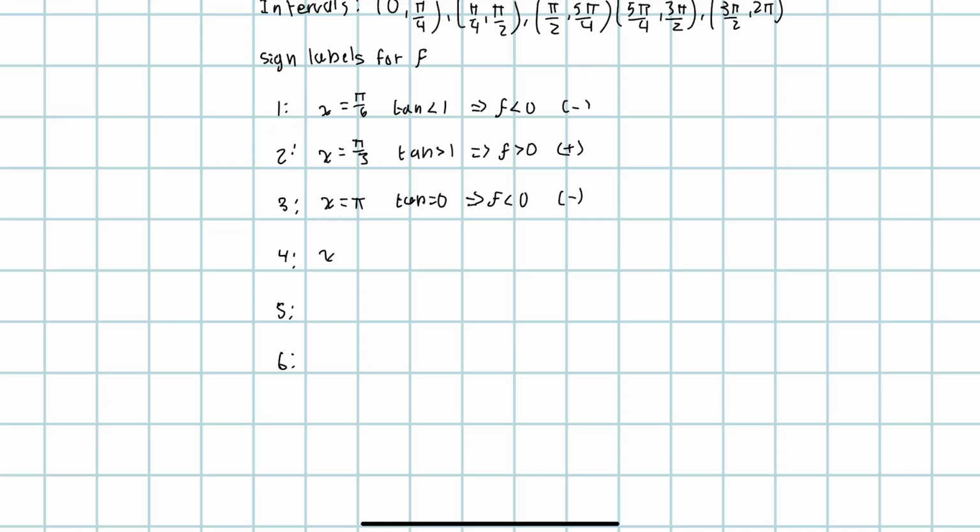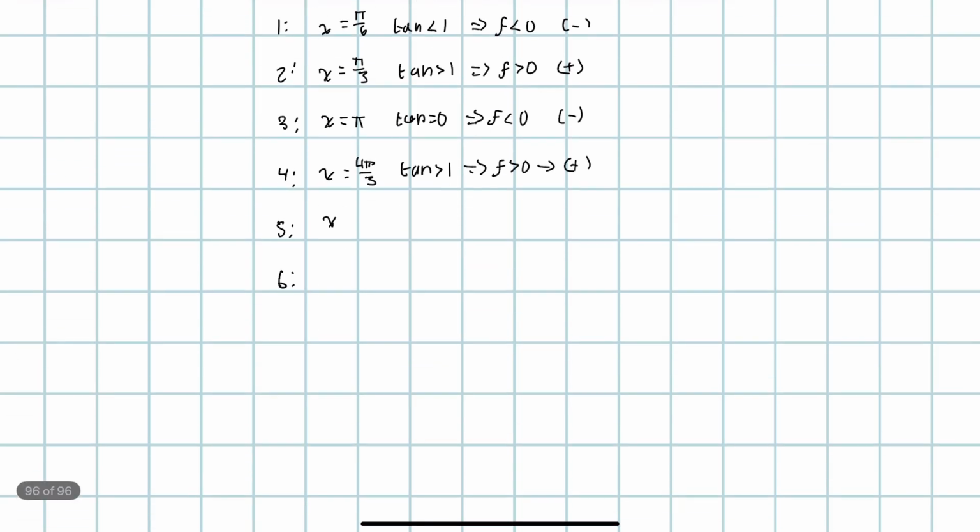If x is equal to 4 pi over 3, then tangent is greater than 1, and that gives you f greater than 0, which means it's gonna be positive. And then there's only 5 intervals, so 11 pi over 6 gives tangent less than 1, and f is less than 0, so that means it's gonna be negative.